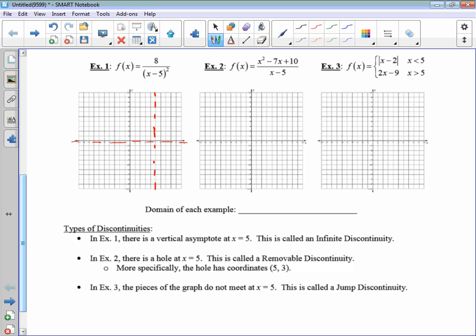Now a sketch of this graph. I'm not looking for you to plot the exact points, nothing perfect about it, just the general area of the graph. Since my asymptote is at 5, I need to pick a number on each side of that asymptote. So if I plugged in a 6, what would I get? 8, right? That's way up here somewhere. If you're following your asymptotes, you know the shape of your graph has to be somewhere in there.